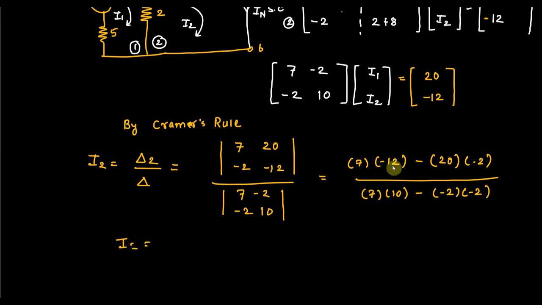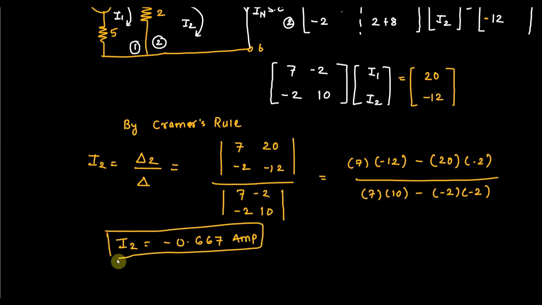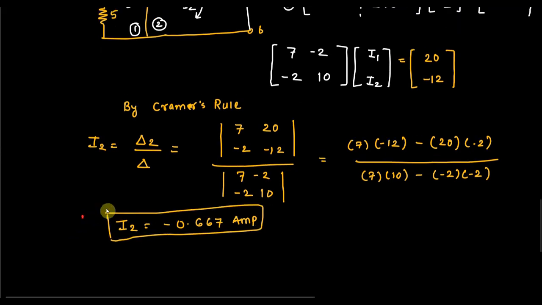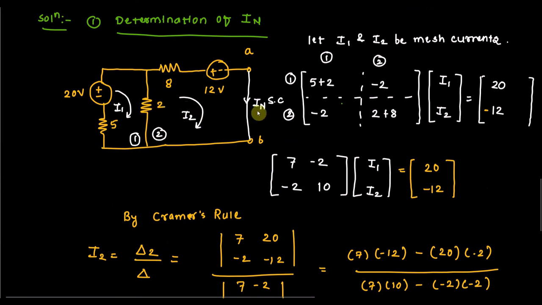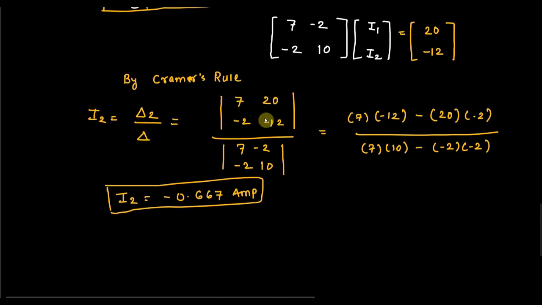So you have to solve this determinant. When I solved this determinant, I got the answer minus 0.667 ampere. So this is the value of I2. But we need the value of IN, and if you see the network, your IN is the same as I2. You can see that the directions of the currents are the same.